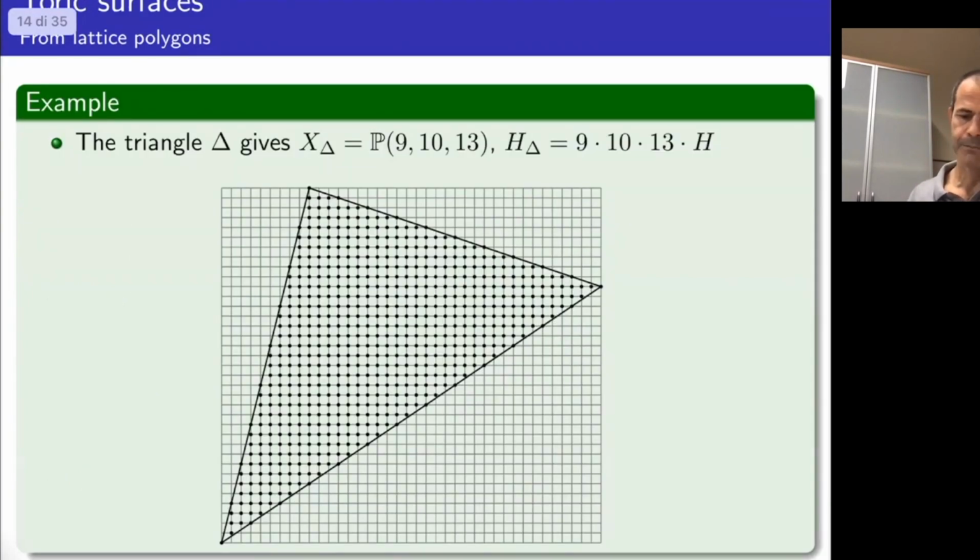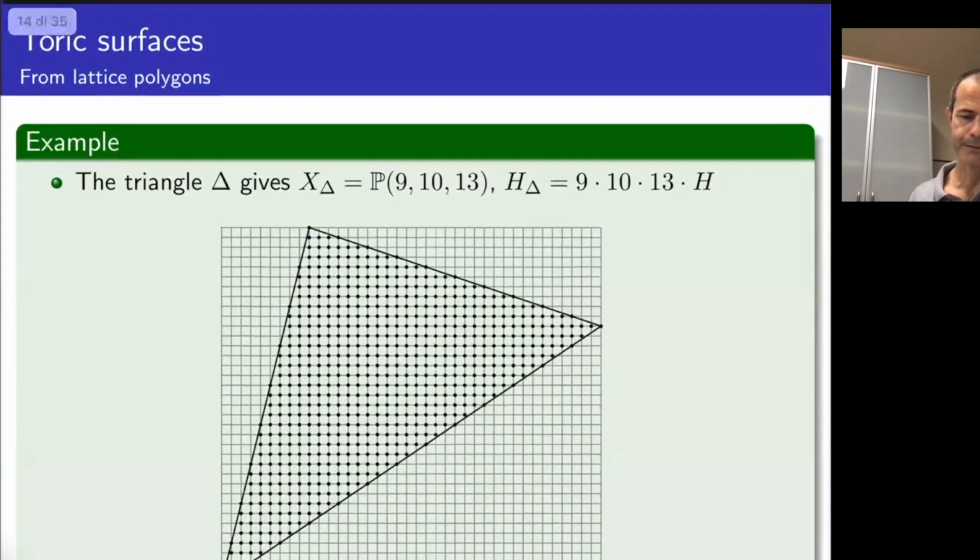I just draw a bigger example, this triangle, because it corresponds to the weighted projective plane P(9, 10, 13). Weighted projective planes are indeed toric surfaces. And the ample class we are considering here is a multiple of H, which is just the product of the degrees times H.